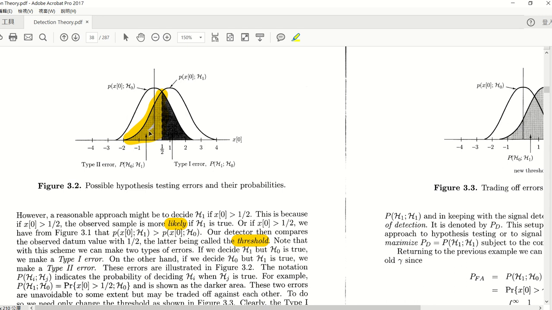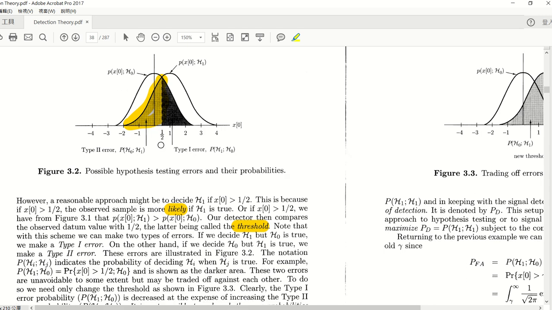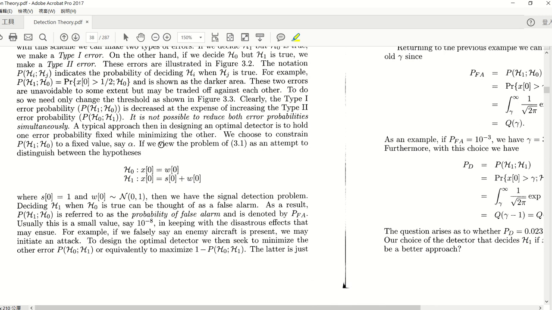That is the probability density function. No, that's the probability in this area. So that is called the type 1 error probability. The other one is the type 2 error probability.